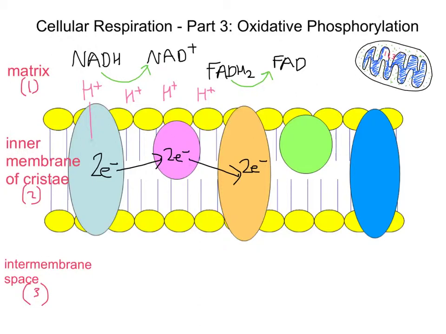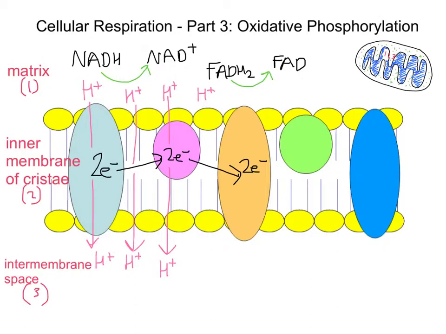I won't draw all of them because it might get a little bit too messy on the diagram. I'll just draw these 3. But essentially those H+ ions get pumped into this intermembrane space. So you can see we're building up this concentration of hydrogen here on the bottom of the screen.